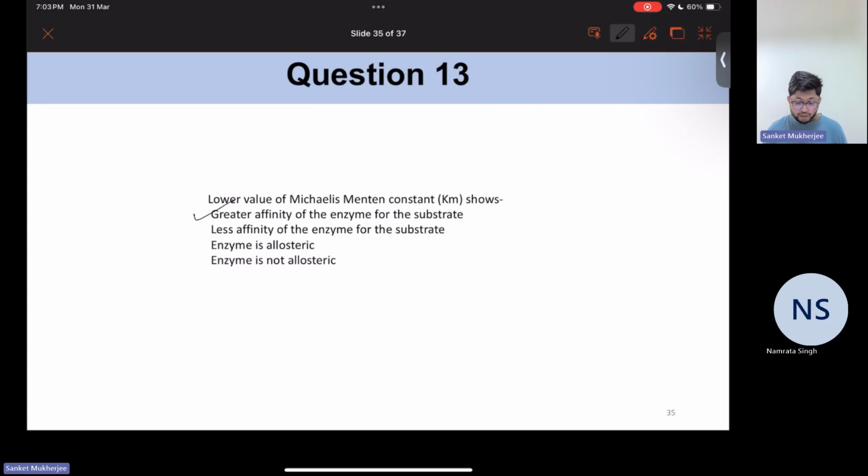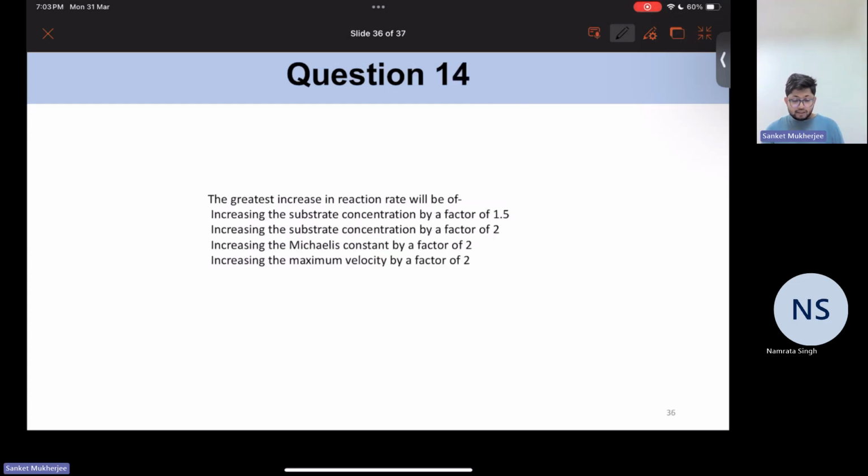Because if you see the graph between velocity and substrate concentration, the Km value tells us how much affinity the enzyme has towards the substrate. If an enzyme has a lower Km value, it means it has higher affinity towards the substrate.